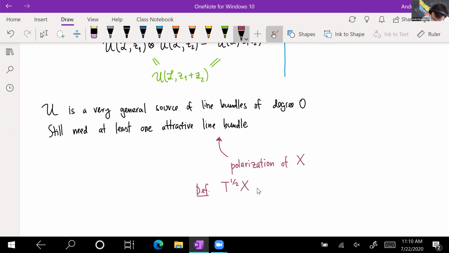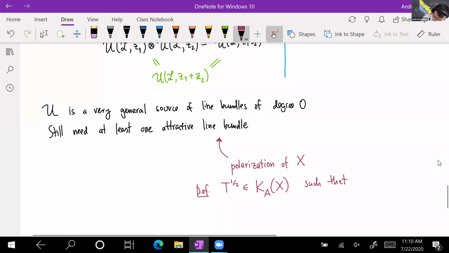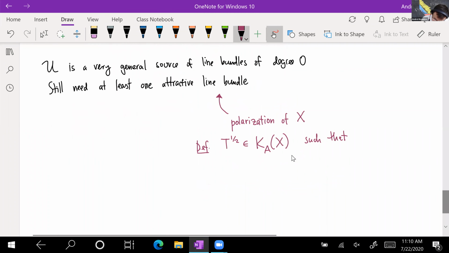Since we're only interested in degrees in A, we can think of it as a class in the covariant K theory of X, such that if I take that class plus the dual of that, then I'm going to get the tangent bundle.